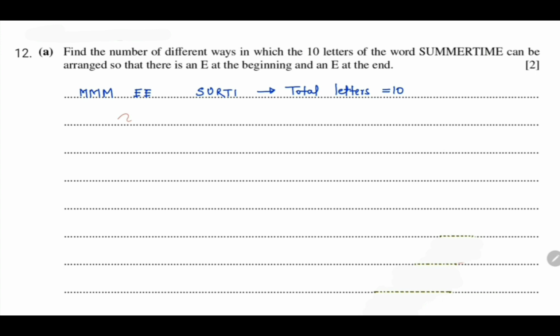It is given that E is at the beginning and E is at the end, so positions are fixed. So 3M and SURTI can arrange themselves in the middle in how many ways? So total number of letters in the middle is 10 minus 2, which is 8.